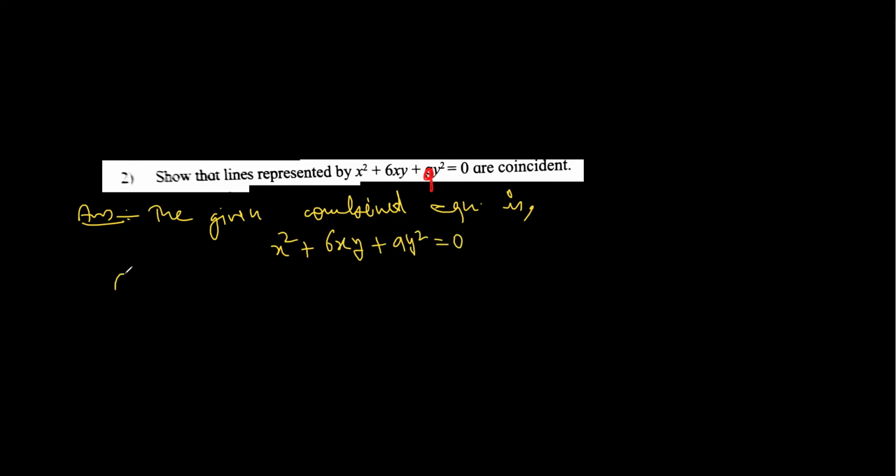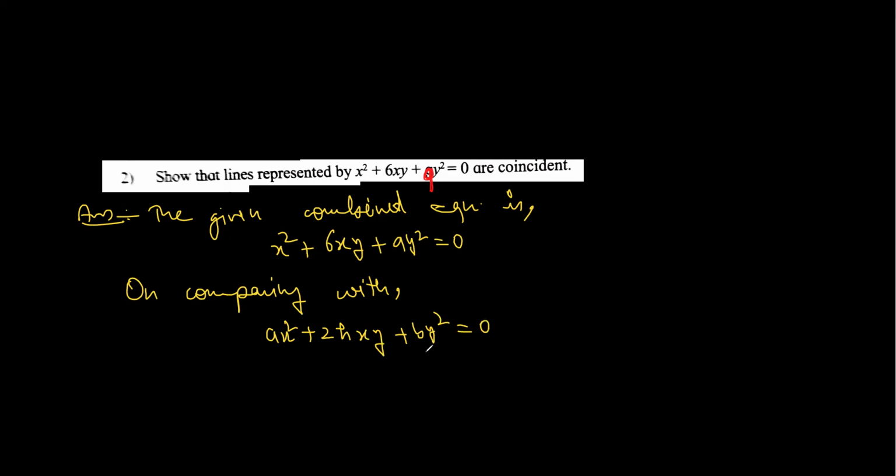On comparing with ax square plus 2hxy plus by square equal to 0, what is a? This is 1x square, so a is 1, 2h is 6, so h is equal to 6 by 2, that is 3.